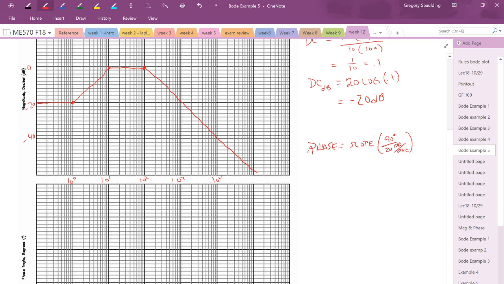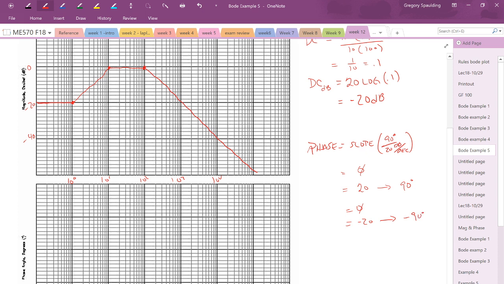Okay, so our first slope is 0, so we're going to end up with a 0 phase, and then we're going to have a positive 20 slope, and that's going to yield a 90 degree phase shift, and then we're going to go back to a 0, and then we're going to go to a negative 20 dB per decade, which is going to result in a minus 90 degrees.